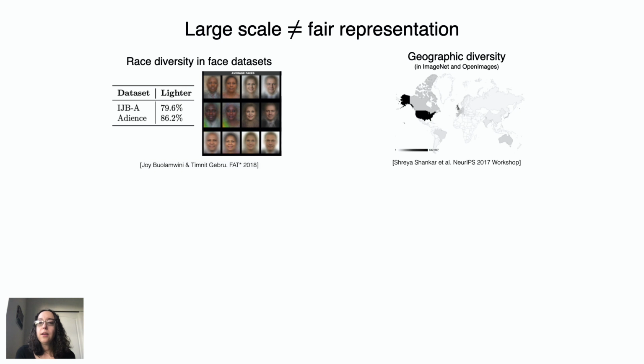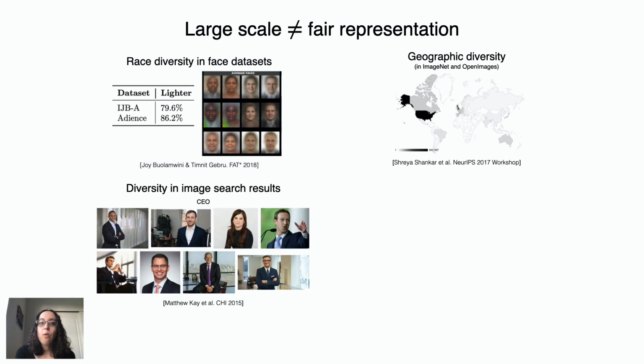So understanding what kinds of biases, in this case geographic and cultural biases, are creeping into the data, and then building more geographically inclusive datasets is a much more complex and challenging issue.